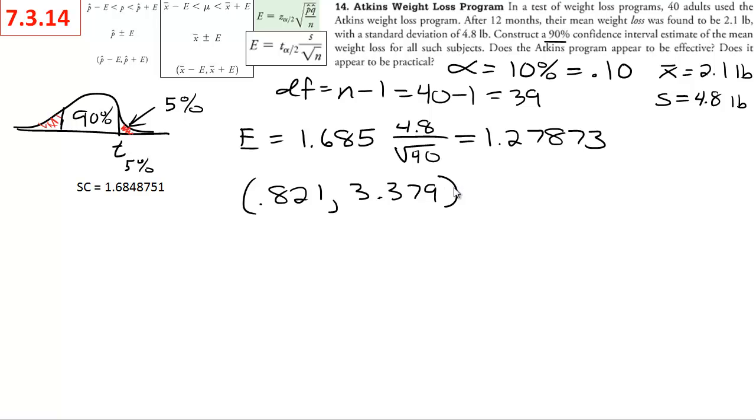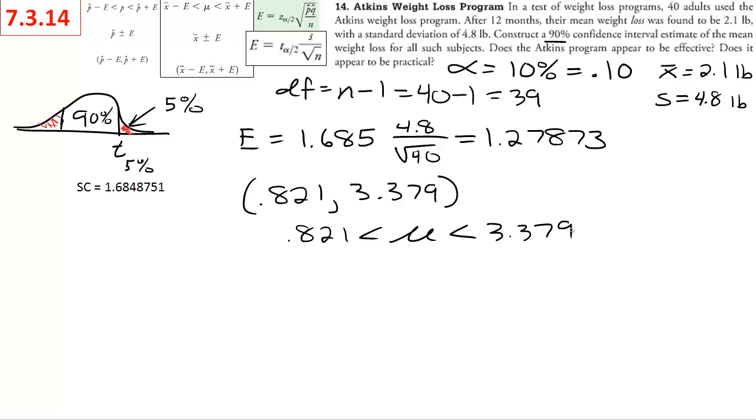All right, that means that basically, and we can write it the other way as well, that 0.821 is less than mu, remember, because we're always comparing it to the parameter from our population, is less than 3.379.